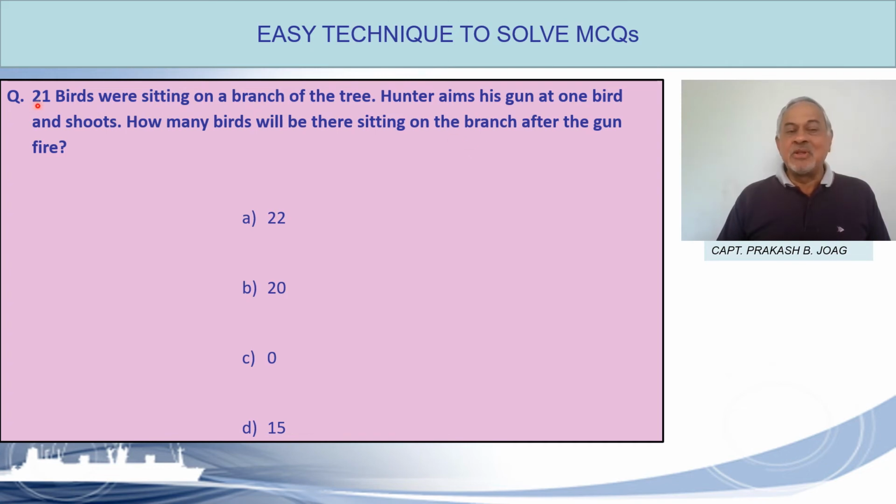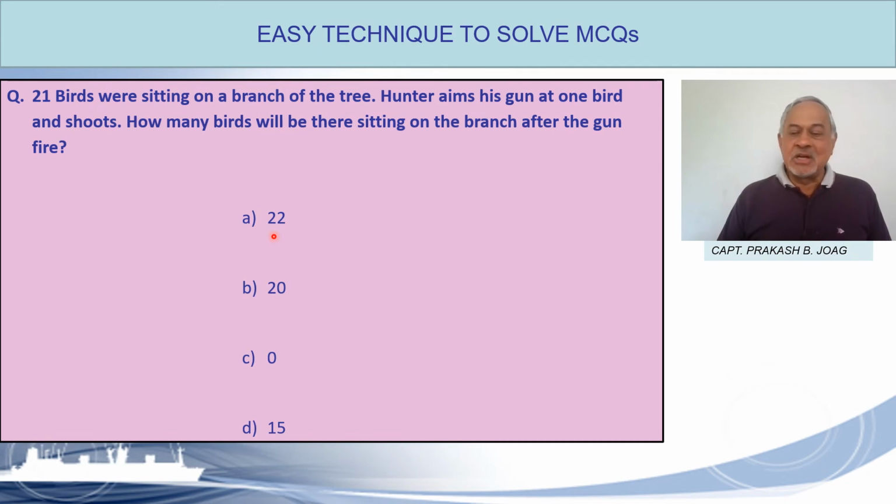So total 21 birds are there. Let us see the options now. The first option is 22. Can there be any possibility that the birds can increase? That one more bird will come and sit on the branch? No, absolutely not. So A is ruled out totally.